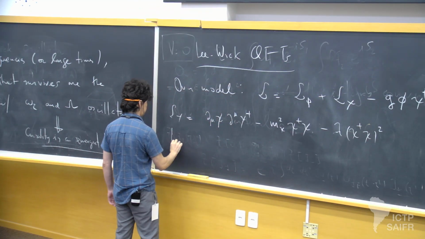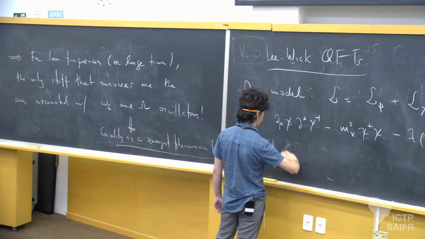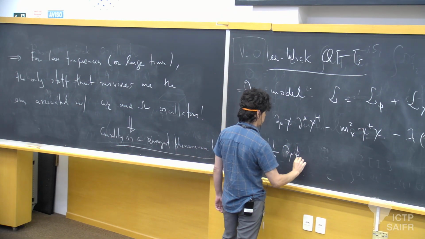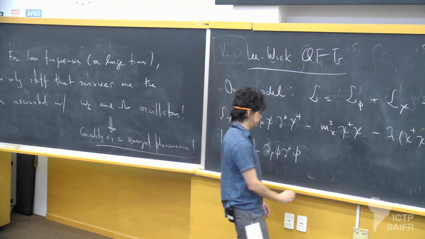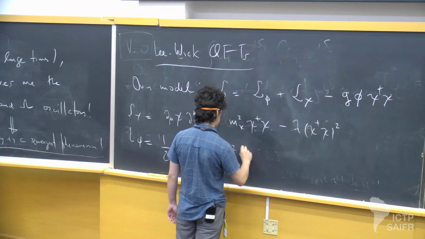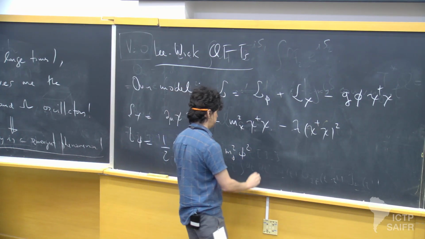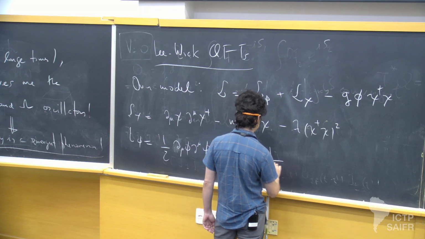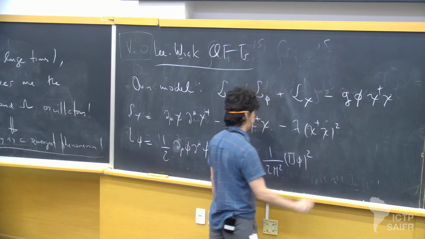And L phi is something like a kinetic term for phi, pretty normal, but you can consider a mass here, just to be completely general, and then a higher derivative term, box phi squared.